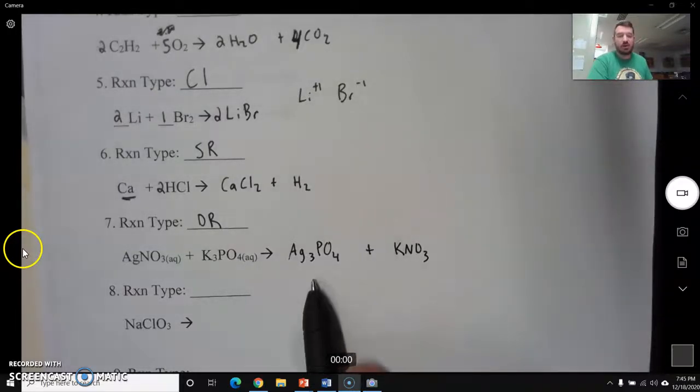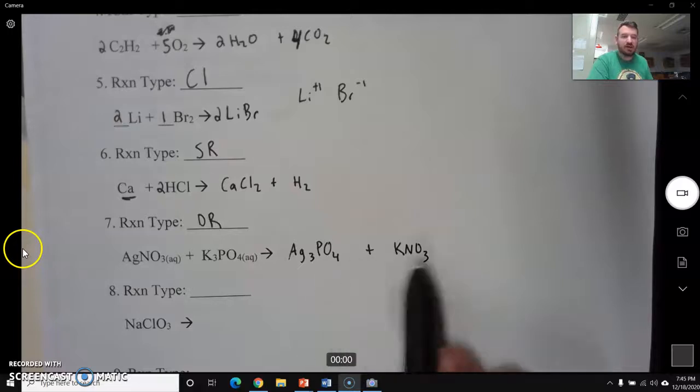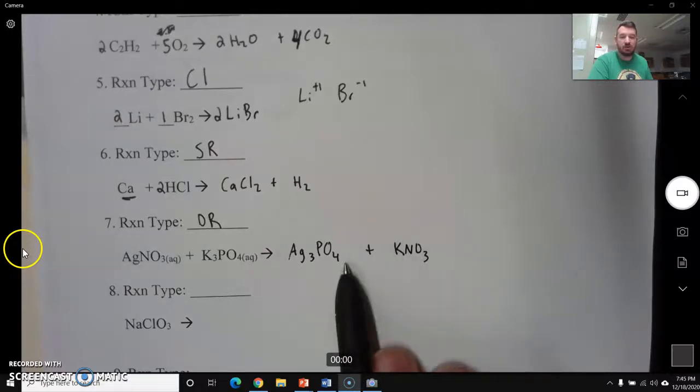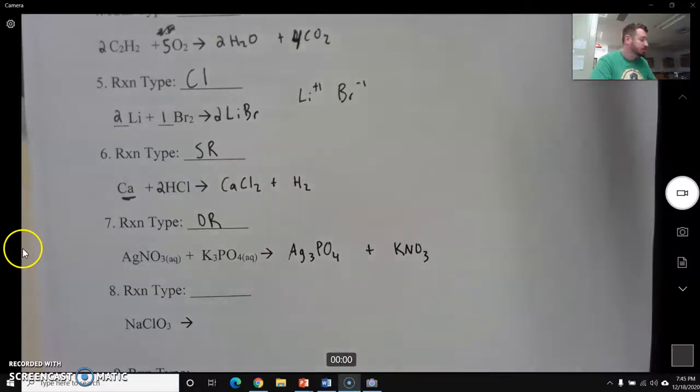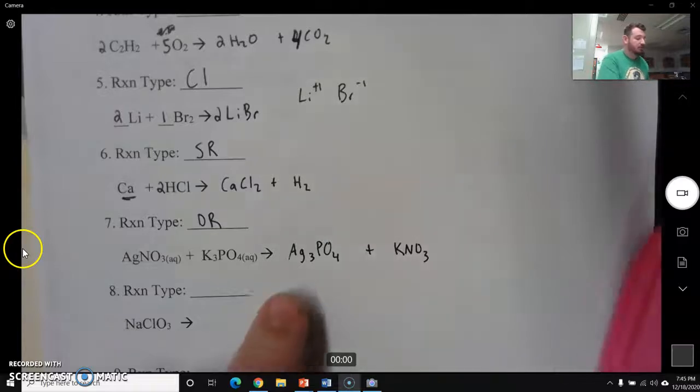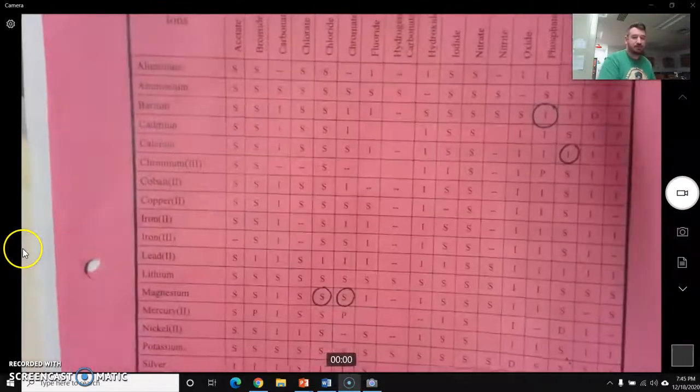All right, so before we start balancing here, I'm going to identify my products as either aqueous or a solid. So I'm going to look for silver phosphate.